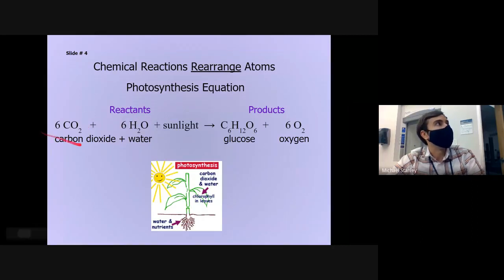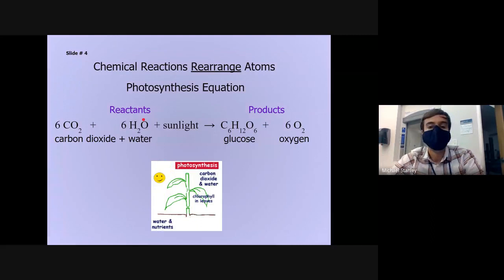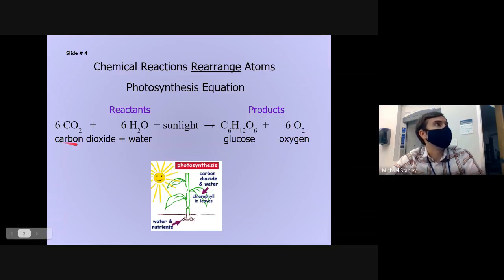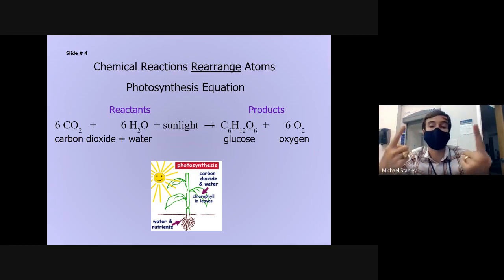We have carbon dioxide and water on one side, and then glucose, this big 6-carbon sugar molecule, and oxygen on the products side. So these guys and these guys are not the same. We have different substances that we're dealing with. So that's our first point on chemical reactions. We're making new, different things in the products.